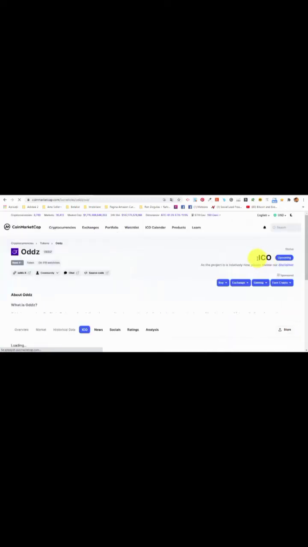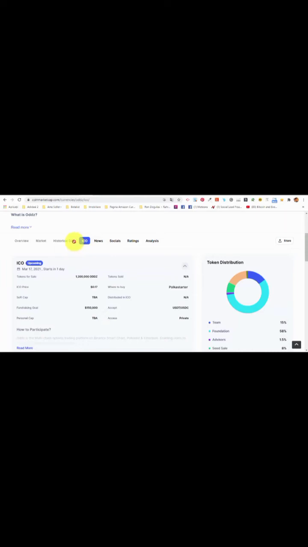What you have to do, for example, is click on one of the projects. This one starts very soon, and you can see data about the ICO price and the cap. This is the soft cap, a minimum amount that they want to get raised.